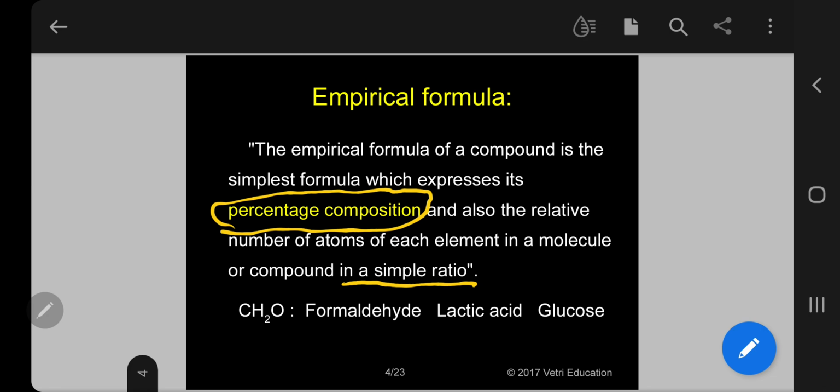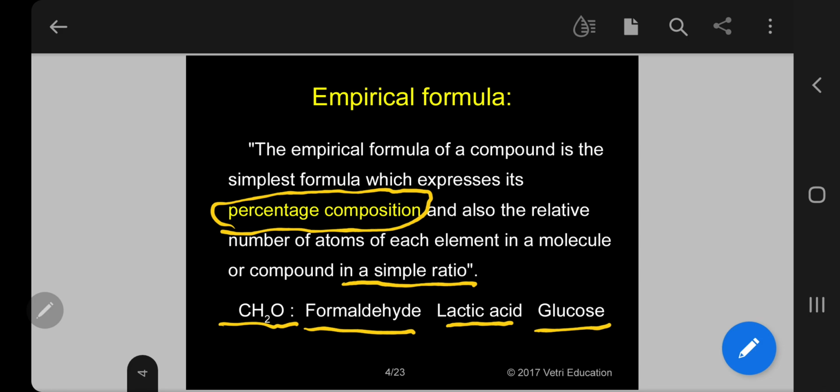For a specific example, here I am indicating CH2O. So this is the empirical formula for formaldehyde, for lactic acid, for glucose. Kindly follow.